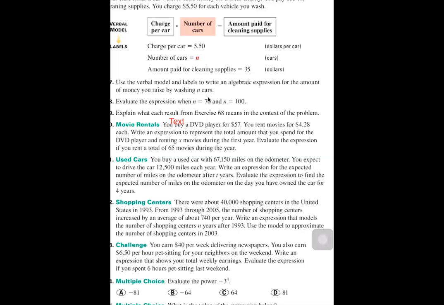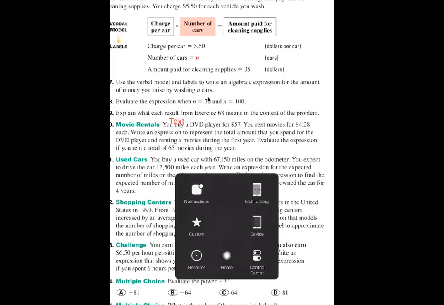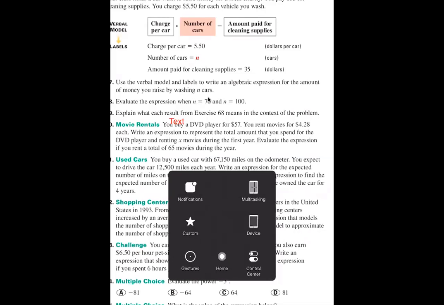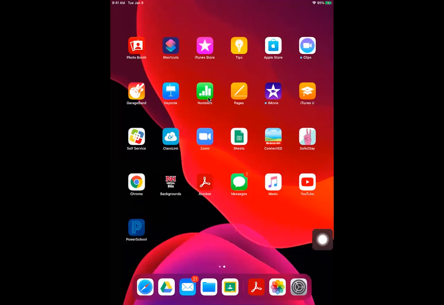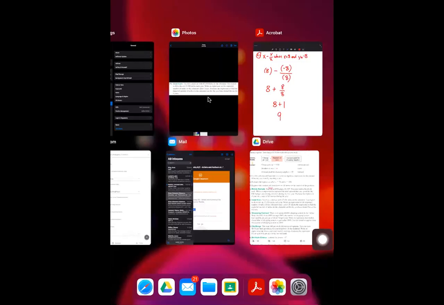car for 4 years. Okay, so what we're going to do is we're going to write an algebraic expression, and according to this, it's going to say that our variable is going to be T. So the first thing we're going to do is we know how much is on the odometer, and that's going to be 67,150 miles.